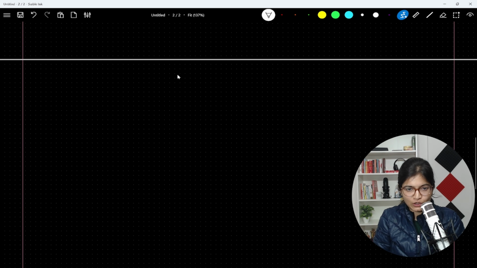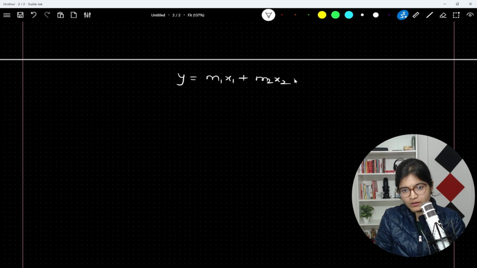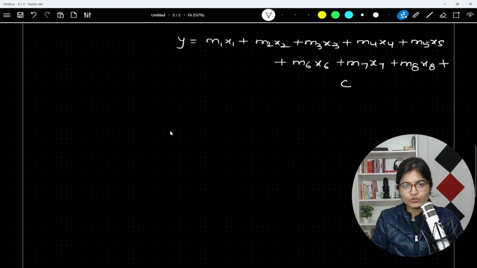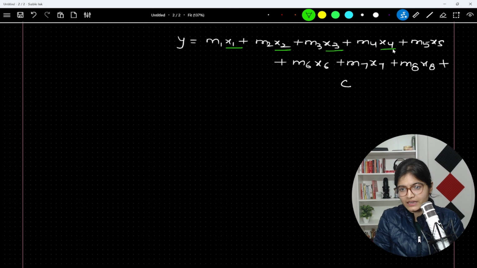So because we have 8 features, it will look like m1x1 + m2x2 + m3x3 + m4x4 + m5x5 + m6x6 + m7x7 + m8x8 + c. So here how many independent features do we have? 1, 2, 3, 4, 5, 6, 7 and 8.